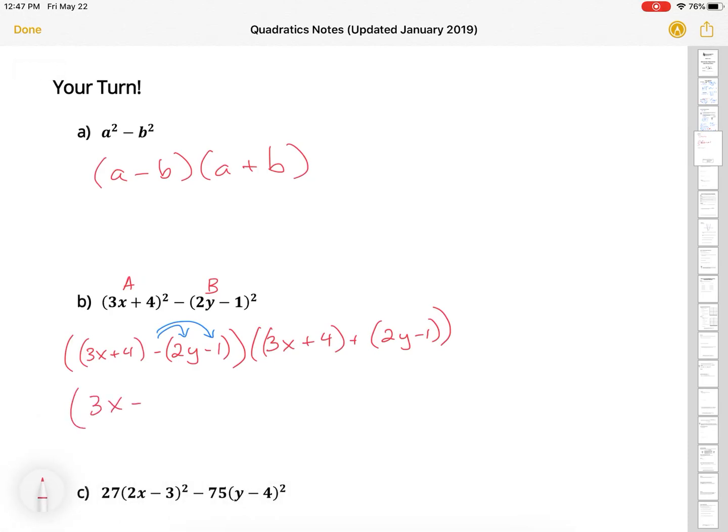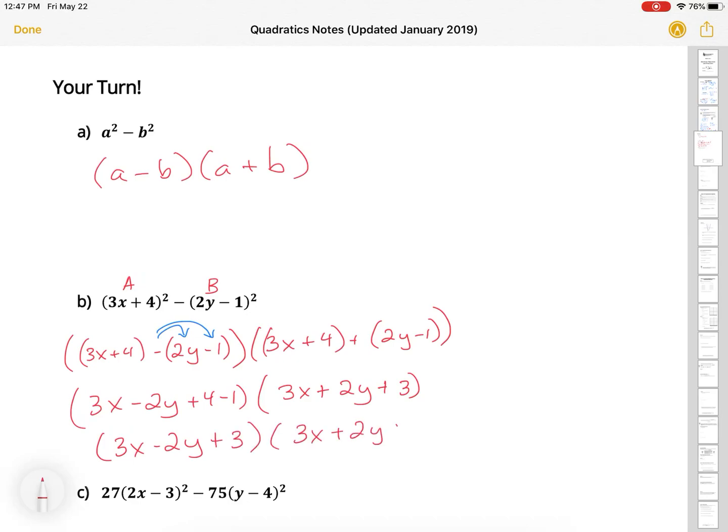So we're going to have 3x minus 2y plus 4 minus 1. Here we're going to have 3x plus 2y. 4 minus 1 is plus 3. So then I'm going to get 3x minus 2y plus 3 times 3x plus 2y plus 3.